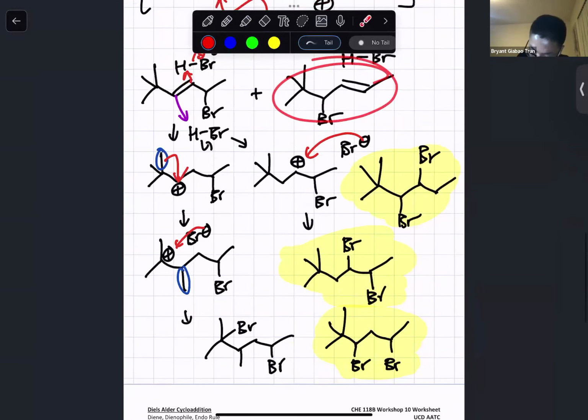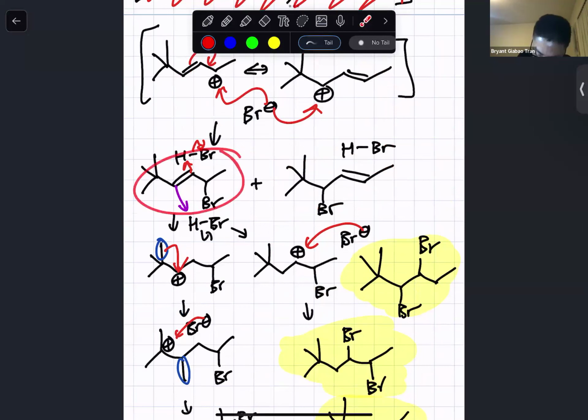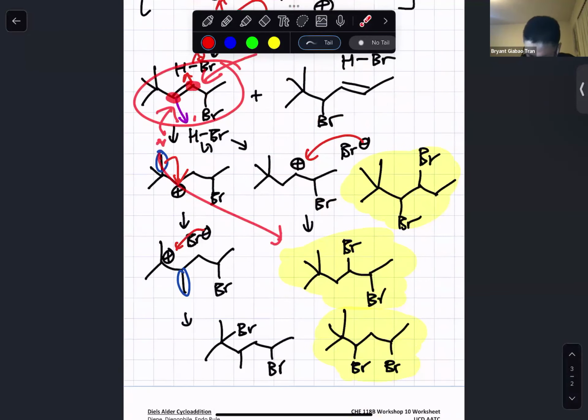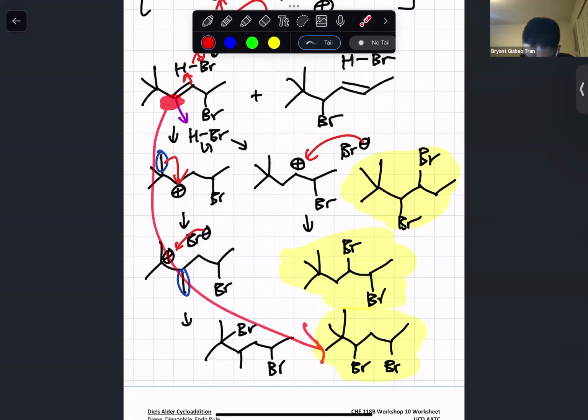Because you know how we got these first two products from this alkene here, where the Br either attached to this carbon or that carbon right there. If we react with this left carbon here, it went straight to this product here. If we react with this right carbon, it went straight to that product there.